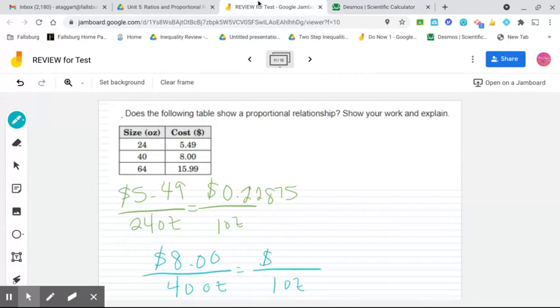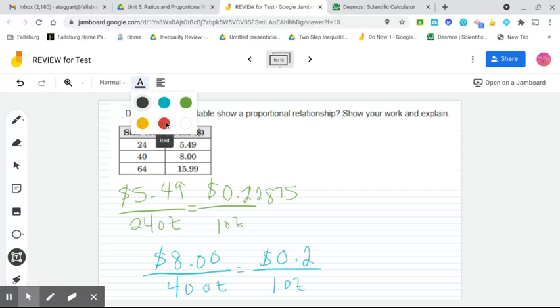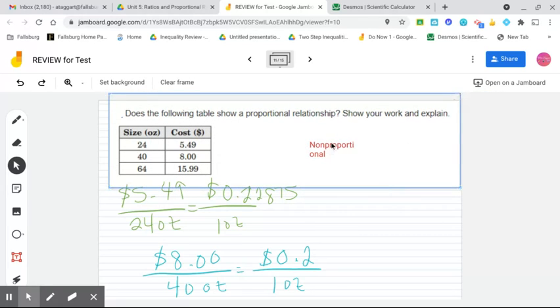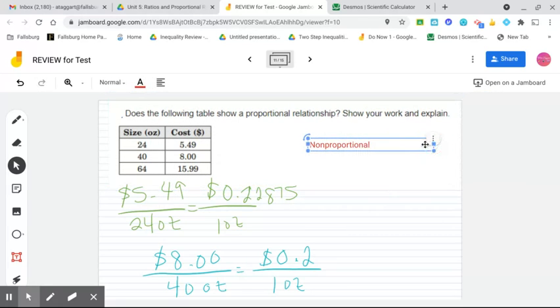All right, so since they are not the same, I don't have to do the last one because right away I know this is not proportional. Okay, so I'm going to write non-proportional. Make that a little bit bigger. Non-proportional because the unit rates are not the same. Okay, if they are not the same, it is not proportional.